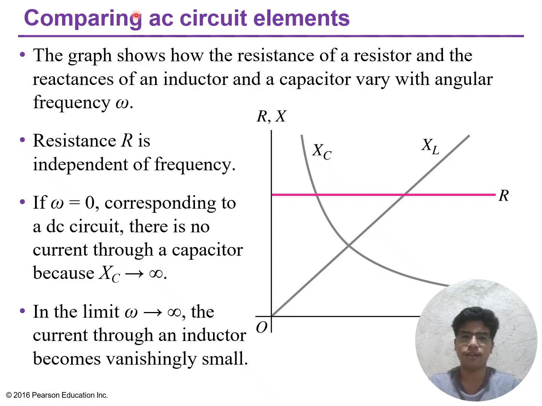Conversely, in the high frequency limit, as omega approaches infinity, inductors block and capacitors pass, making capacitors valuable for high frequency signal routing. The point where X subscript L and X subscript C are equal defines the resonant frequency of the circuit, a phenomenon of central importance in radio tuning and filter design.